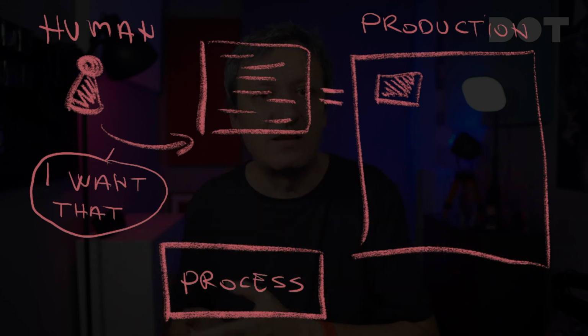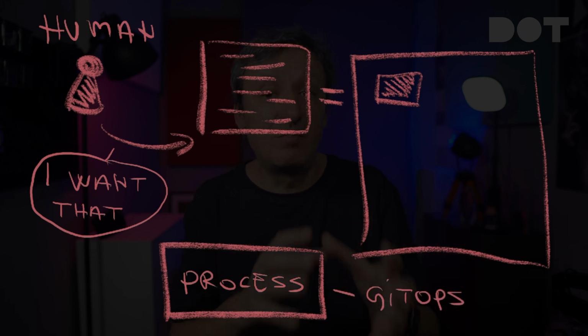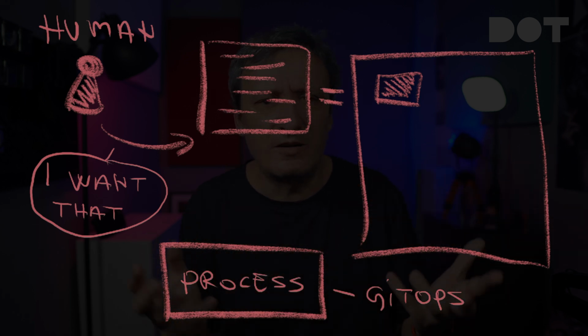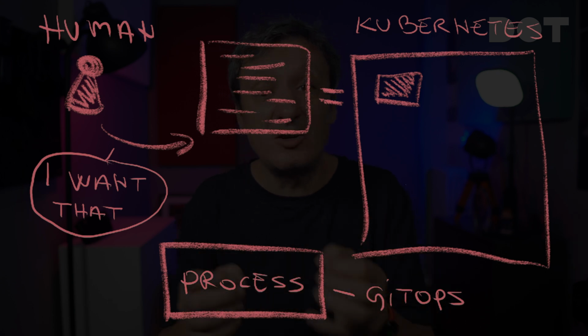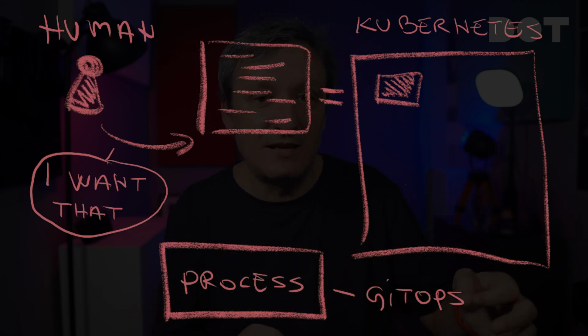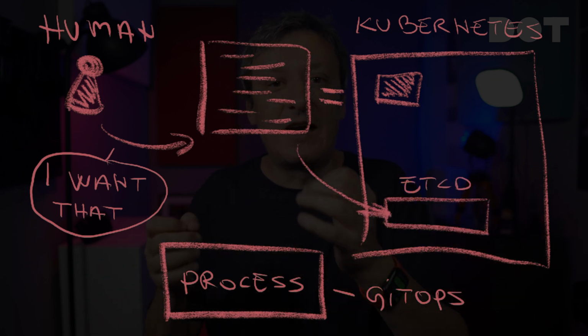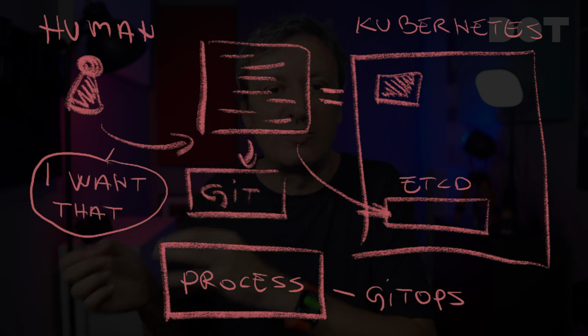Today, the widely accepted mechanism to accomplish all that is called GitOps and is implemented through tools like Argo CD and Flux, but also quite a few others. Kubernetes itself does continuous drift detection and reconciliation, and the major difference is that the desired state in Kubernetes is stored in etcd, its internal database, and on the other hand, GitOps tools tend to use Git as the storage for the desired state.